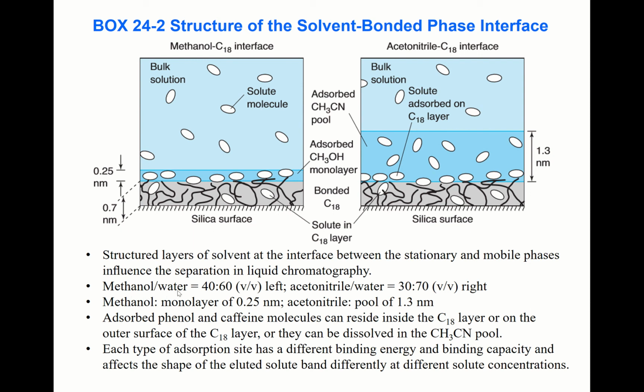Usually pure methanol or pure acetonitrile is not used. They are mixed with water. Here on the left hand side, the methanol water ratio is 4 to 6 by volume, and here the acetonitrile water ratio is 3 to 7 by volume. In the case of methanol, there will be a monolayer of methanol.